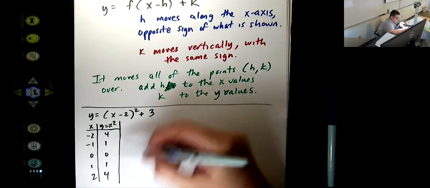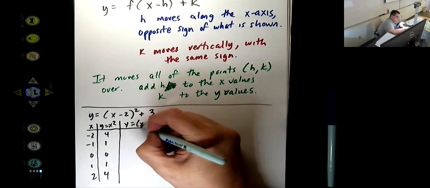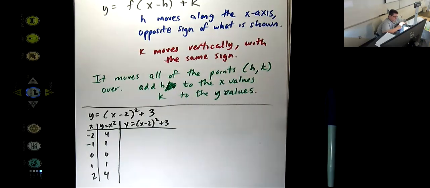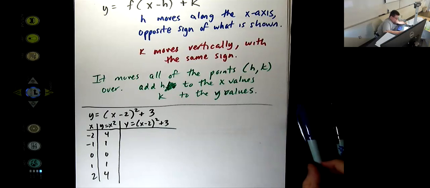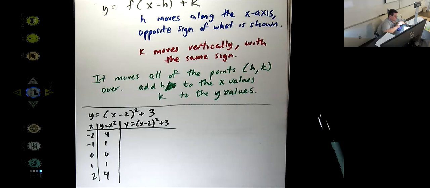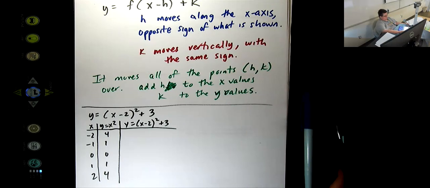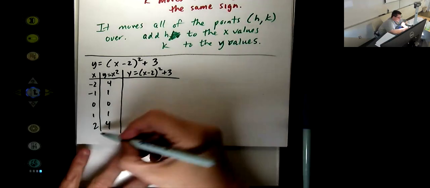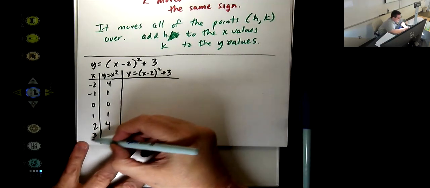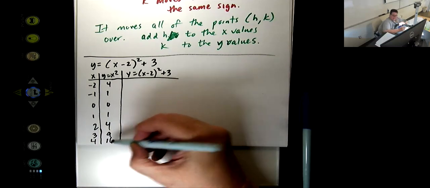And then we're gonna look at what happens with this shift. And I'm actually gonna add 3 and 4 to my x values here. You'll see why, it'll make sense in a second.